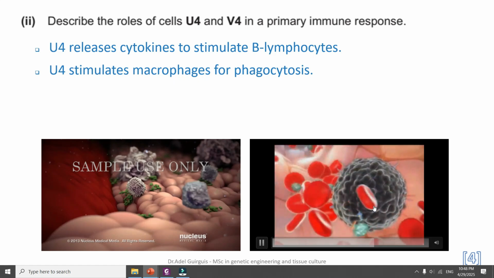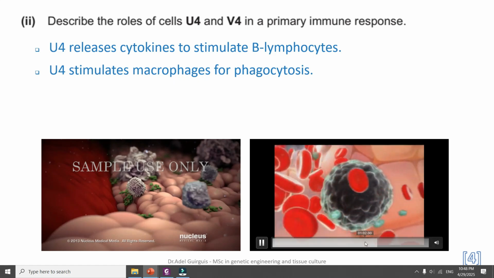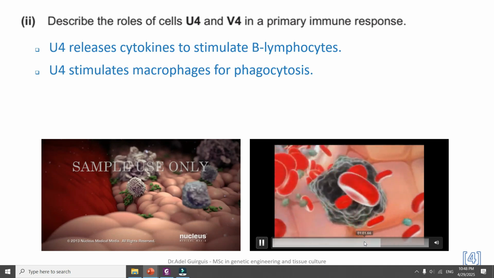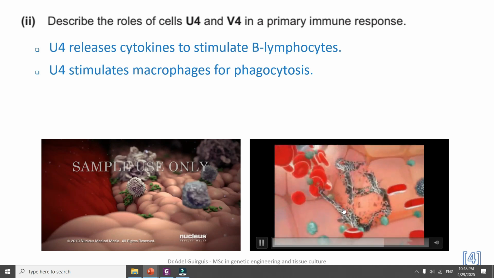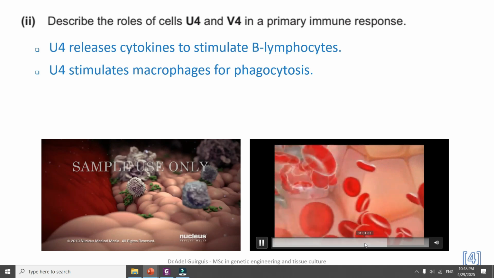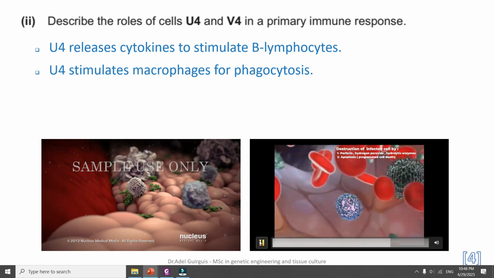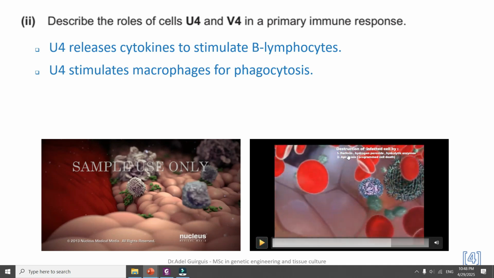Here, this T killer cell starts to produce, by one of two mechanisms, either secreting perforin, this chemical, or hydrogen peroxide, H2O2, or hydrolytic enzymes, or all of them, towards the infected cells to destroy them completely.